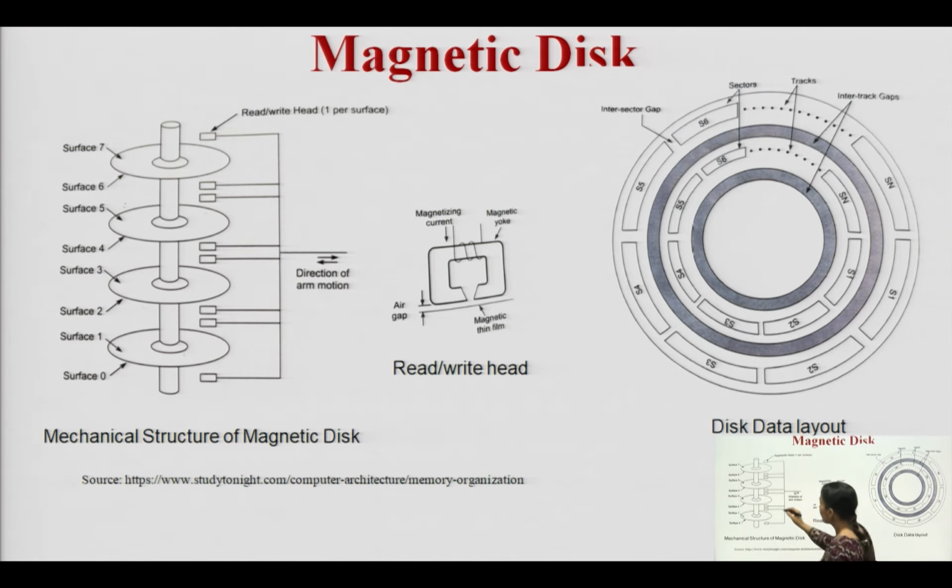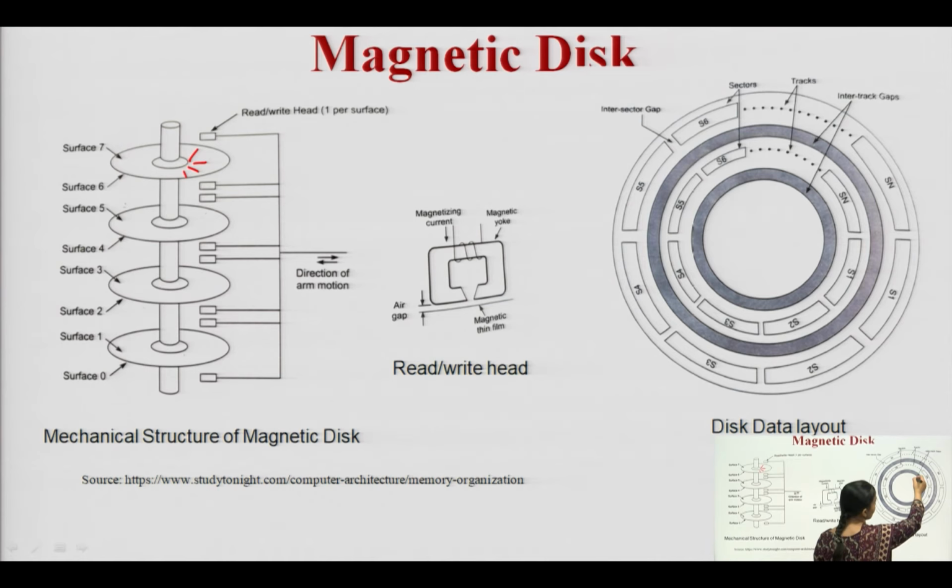On every surface we have a read and write head that clearly tells us on which surface, which is again divided into different tracks, we are storing the data. Like this we can see the disk data layout here. It shows the different tracks.